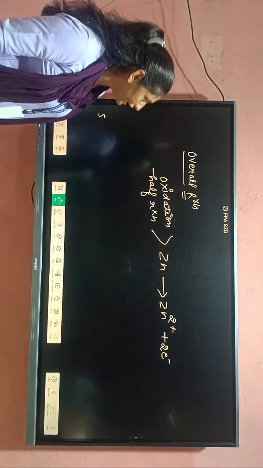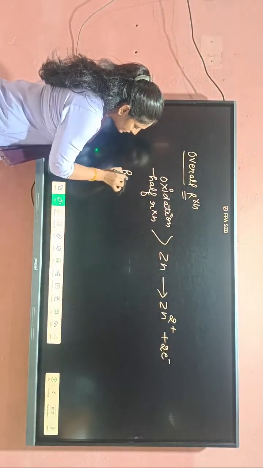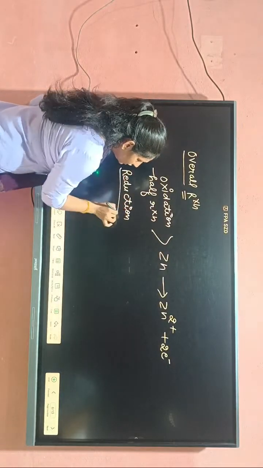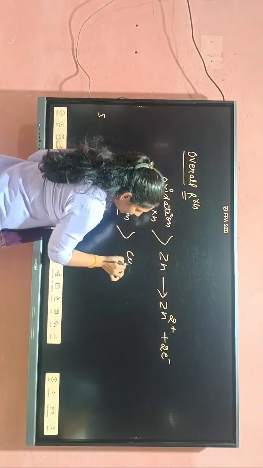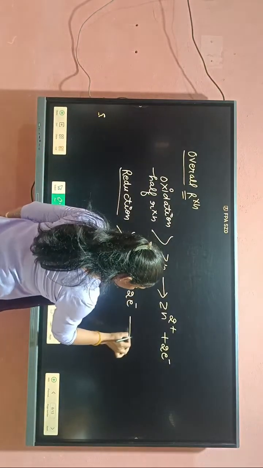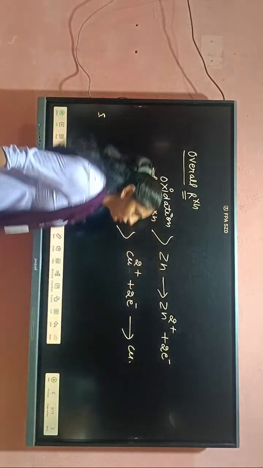And the reduction half reaction is: copper ions convert into copper metal after gaining two electrons.